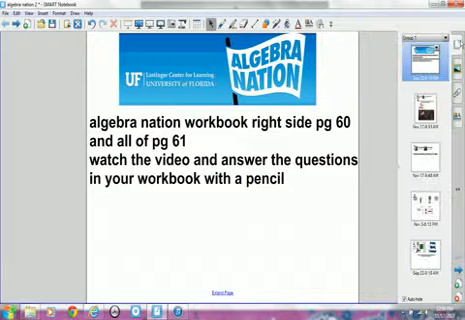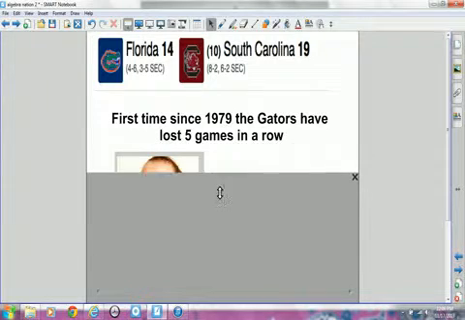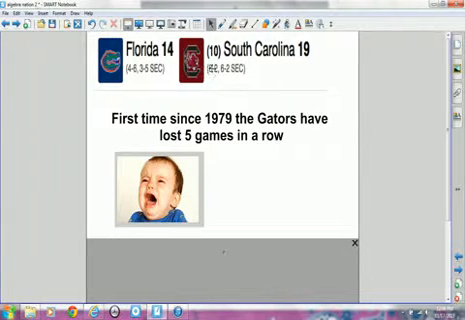In sports news over the weekend, oh, we have some graphic content. Viewer discretion advised. In case you didn't know, South Carolina defeated the University of Florida 19-14 over the weekend. It was the first time since 1979 that the Gators have lost 5 games in a row. And I do believe we have a little bit of music since it was the first time since 1979. I know I can't help myself.